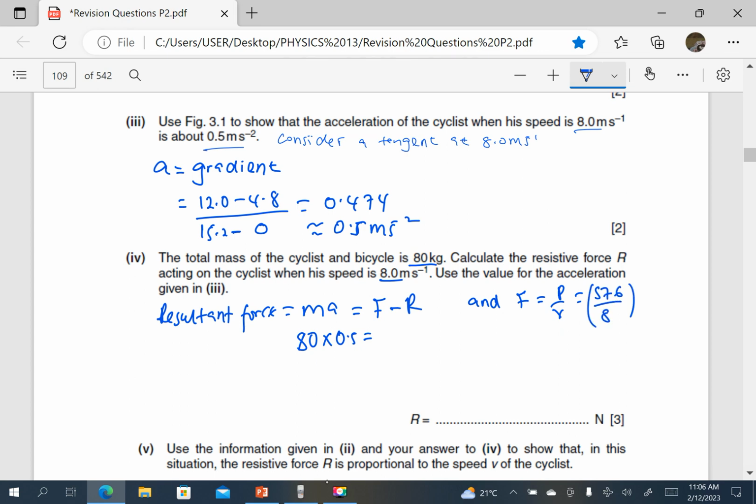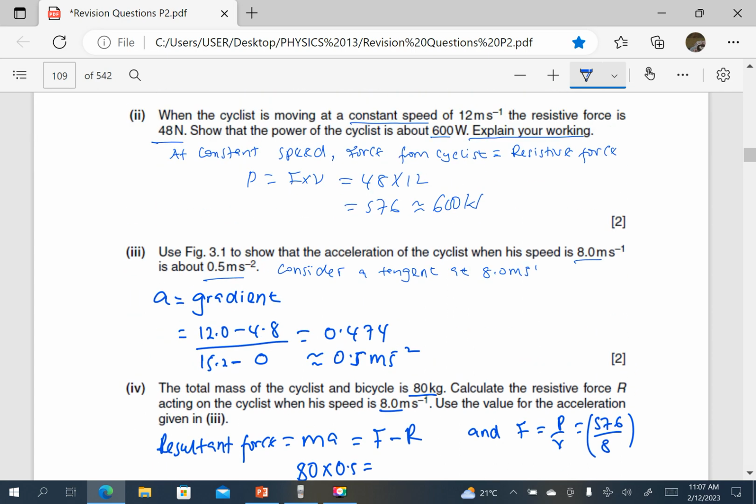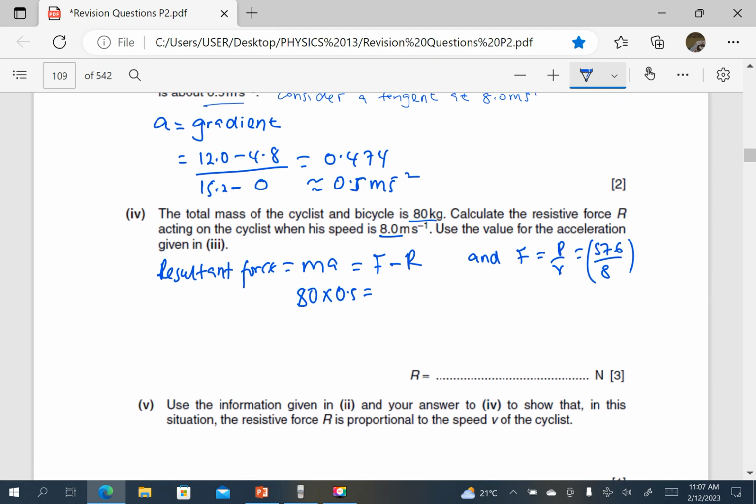The power will remain the same. I'm using 576 instead of 600 to be more accurate. So this is going to be 576 divided by 8, then minus the resistive force.